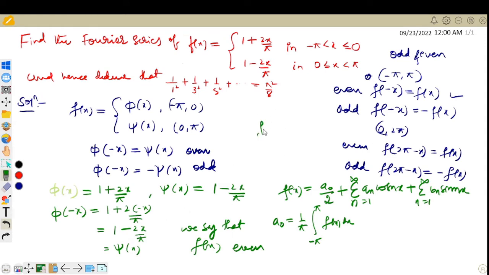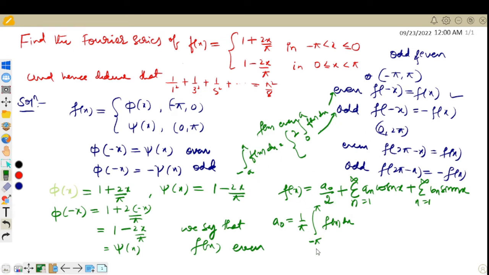You must remember an important property of the definite integral: the integral from minus a to a of f of x dx is 2 times the integral from 0 to a of f of x dx when the function is even, and 0 when the function is odd.